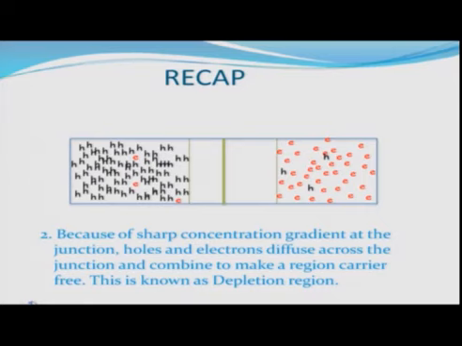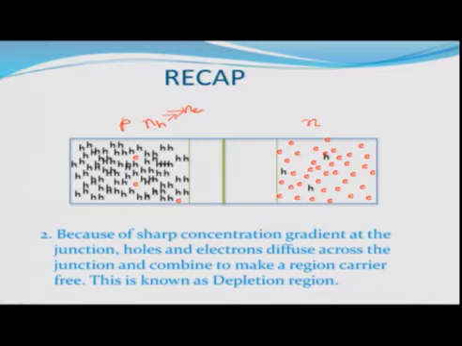And if that diffusion takes place, see, this is our p side, this is our n side, you have a lot many holes on the p side and few electrons in this. So, here you have N_h much greater than N_e.